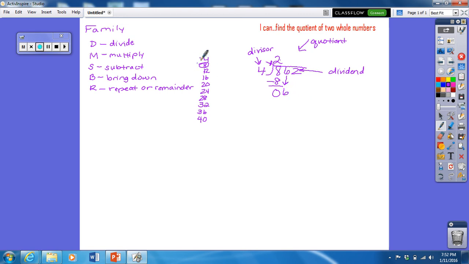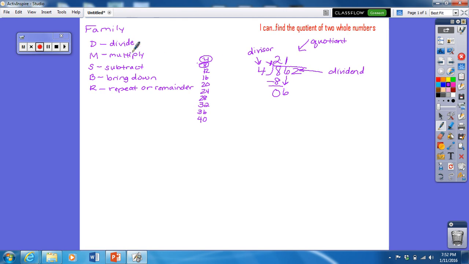Now I'm going to come back up here. How many times can 4 go into my new portion of my dividend, which is 6? 4 into 6. So I come back up here, 4, 8. Oh, 8 is too big, so I've got to come back to the 4. How many times can 4 go into 6? Well, 4 is my first number, so a 1 goes right here as part of my quotient.